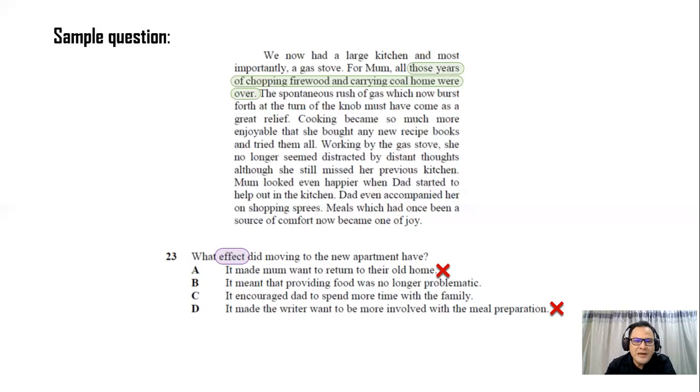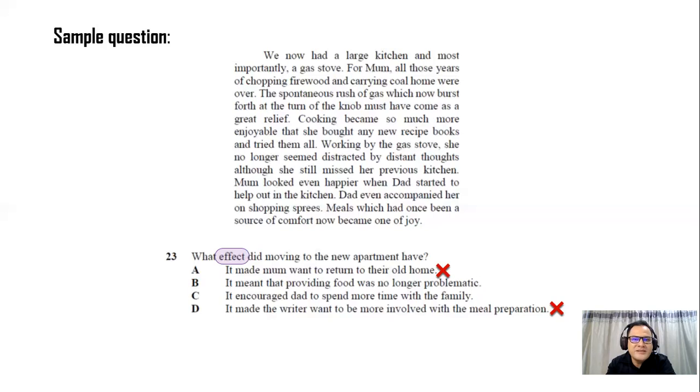However, if we look carefully at the paragraph, let me read the paragraph first. We now had a large kitchen and, most importantly, a gas stove. For mom, all those years of chopping firewood and carrying coal home were over.